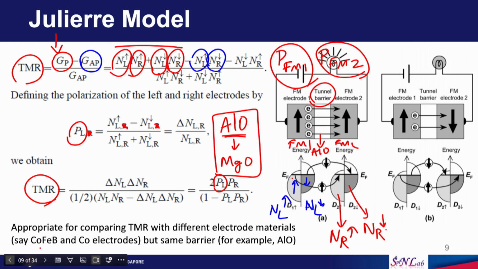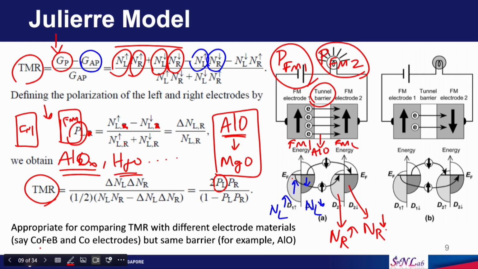Okay, so this model will not work all the time. For example, let us say you have two identical ferromagnetic layers, and you are inserting various oxides, for example aluminum oxide, hafnium oxide, some titanium oxide and so on.